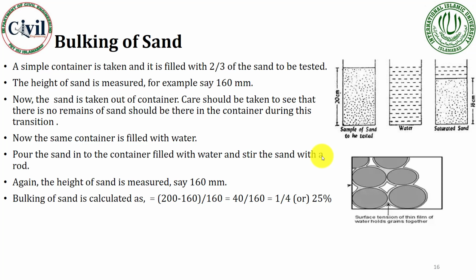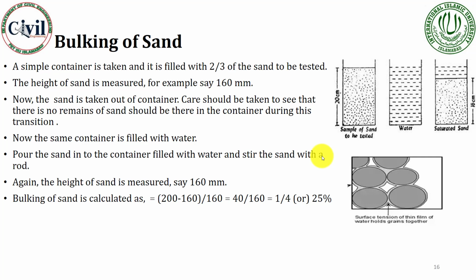After 30 minutes, you record the volume of the sand. If the volume of sand has increased, then you record the percentage increase in volume. By increasing the water content in increments of 2%, you can record the corresponding bulking.